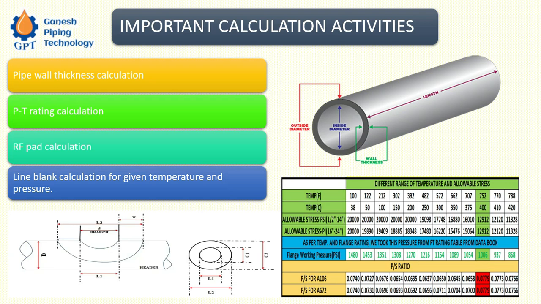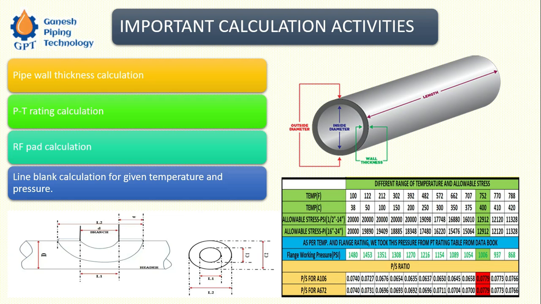So we have to draw something common which will be suitable for the calculated pipe thickness. Say the calculated pipe thickness is 16 mm. So we have to identify the rating for that. That thickness is identified based on the pressure and temperature. So based on the pressure and temperature, we arrive at the rating of the flange.